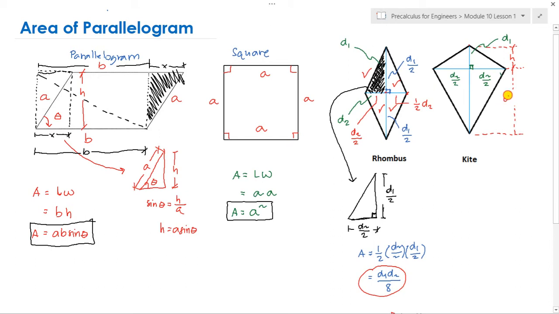The height here is D1 minus H, since the overall is D1. Okay? The overall is D1. So this is D1 minus H.